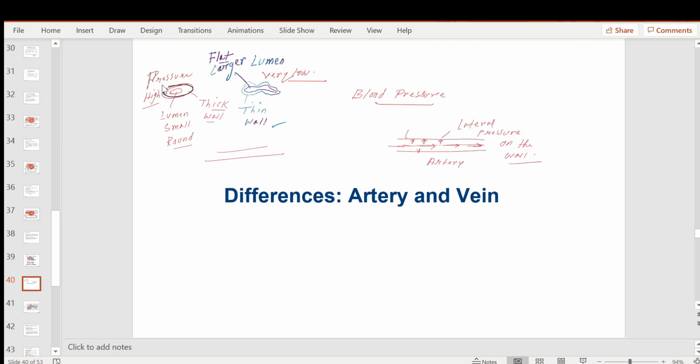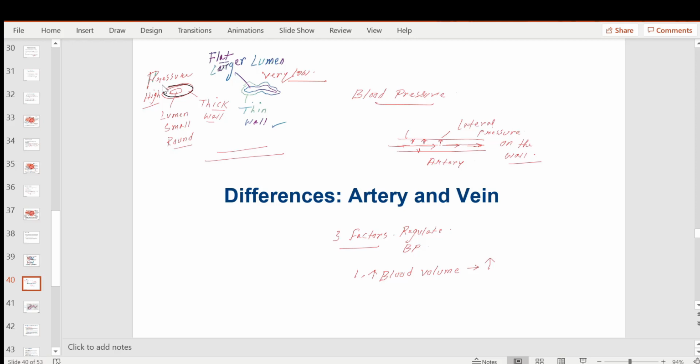Okay, and three factors directly regulate the blood pressure. What are those? Blood volume, number one. If blood volume is more, blood pressure is more, because inside the blood vessels or artery you have more blood.